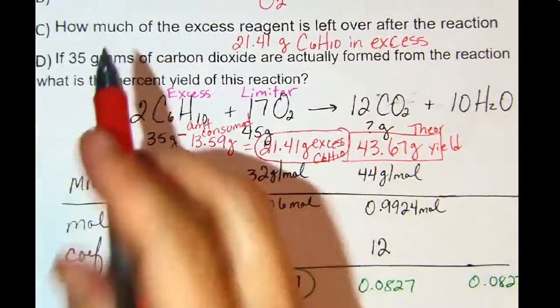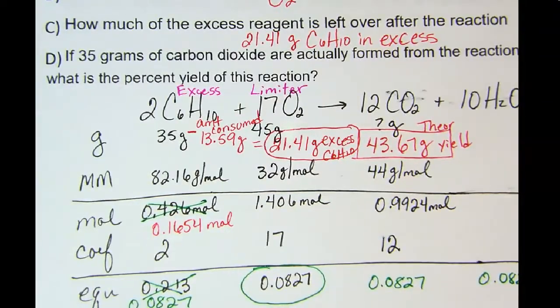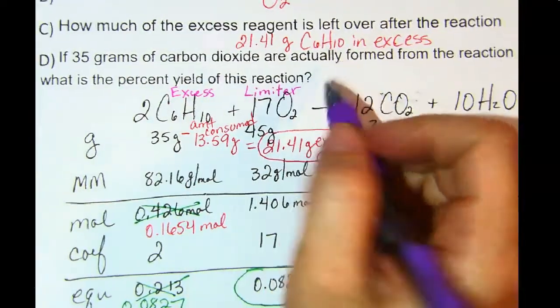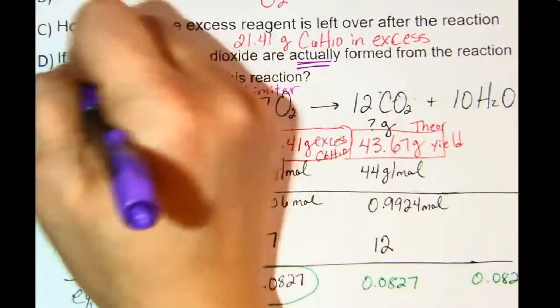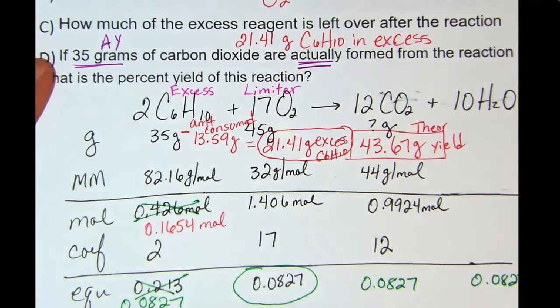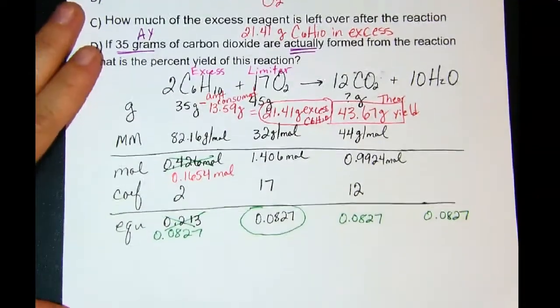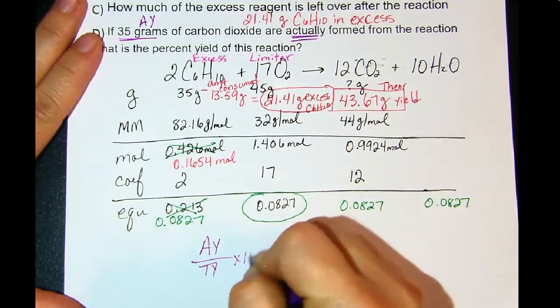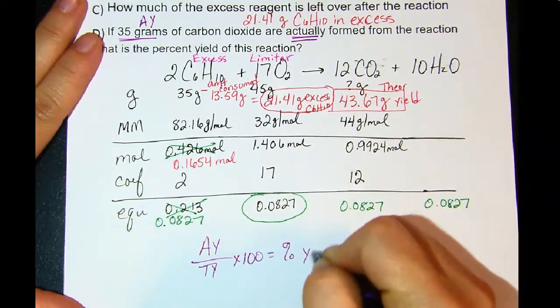All right, and last but not least, it says that if 35 grams of carbon dioxide is actually formed, so this is an actual yield, which means we want to use the equation actual over theoretical times 100. Actual yield divided by theoretical yield times 100 gives us a percent yield.